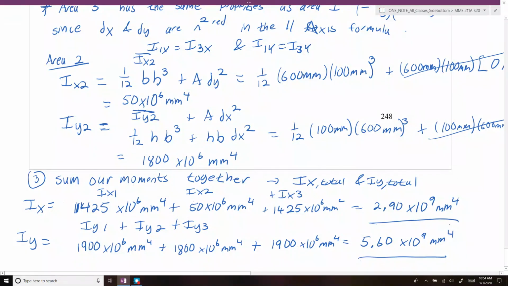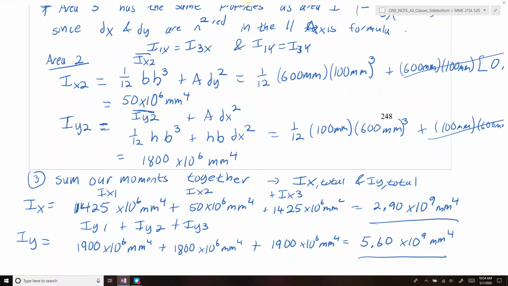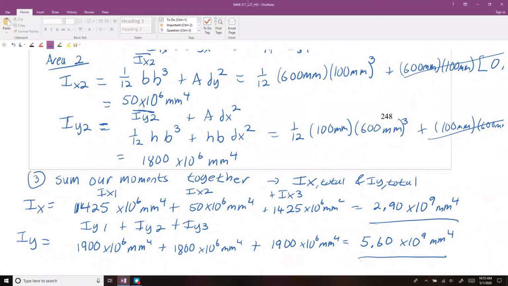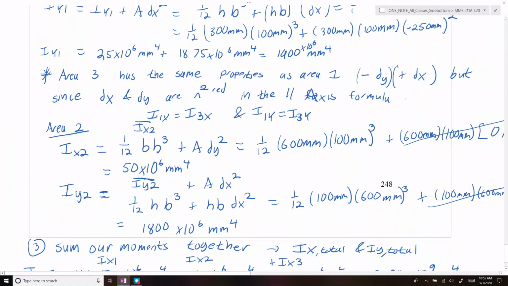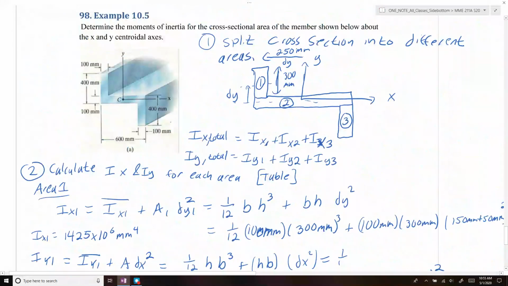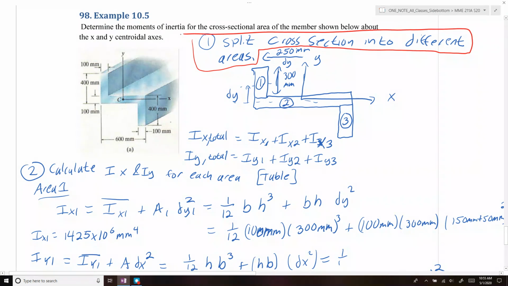Just to recap what we did in terms of steps. We first split our cross section into different areas. In this case, we had three areas: area 1, area 2, and area 3.